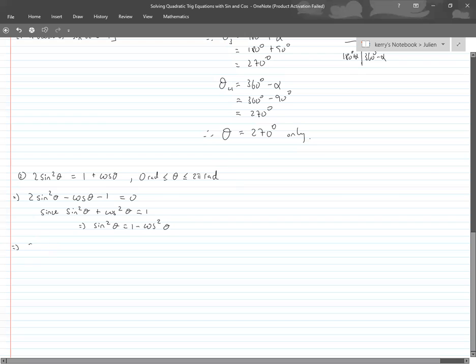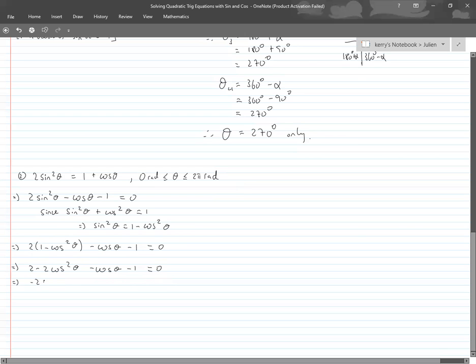So this will give us 2 into 1 minus cos squared theta minus cos theta minus 1 is equal to 0. And we do the same thing as before. So this will give us 2 minus 2 cos squared theta minus cos theta minus 1 is 0.